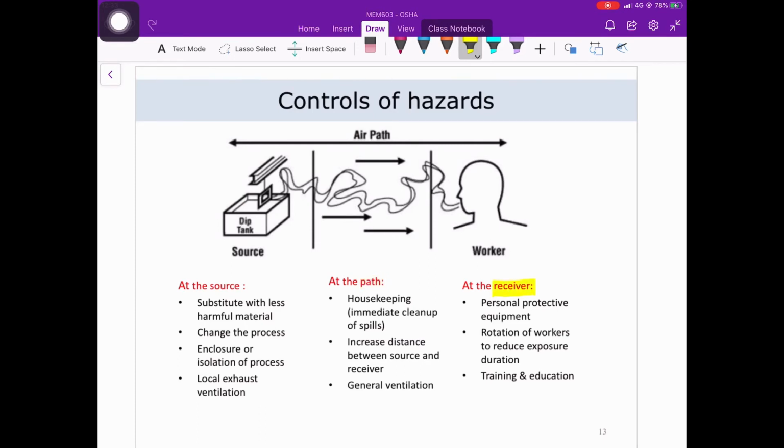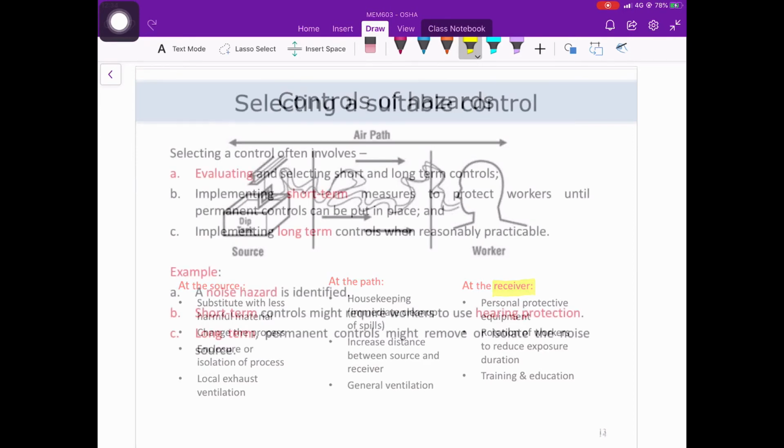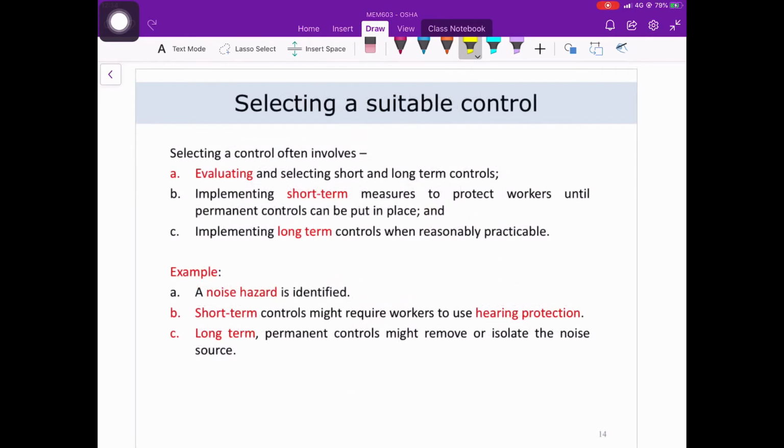And at the receiver, the worker might need to use the PPE, reducing the exposure duration by implementing workers' rotation, and provide training and education to increase their awareness. In selecting a suitable control, it involves evaluating, selecting, and implementing short-term and long-term control measures.